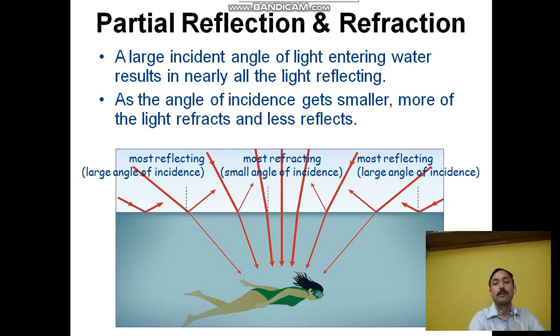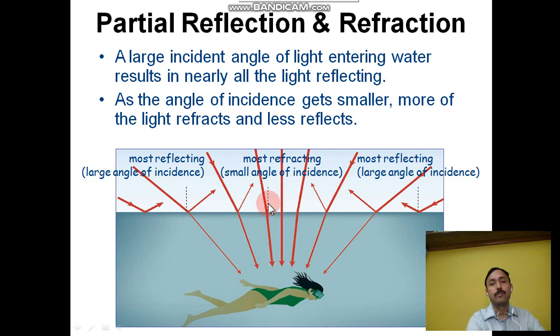Look, suppose this is an object inside the water. If we draw the normal, when the incidence angle is more, the maximum light will be reflected. When the incidence angle becomes narrower with the normal, then the light starts reflecting as well as refracting.